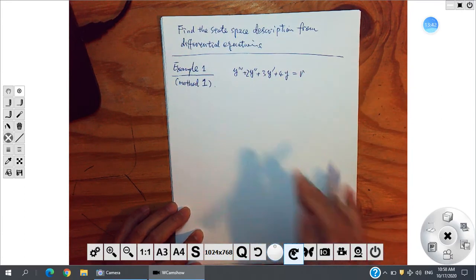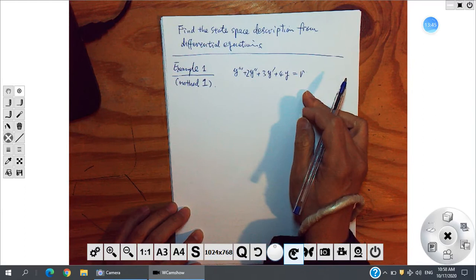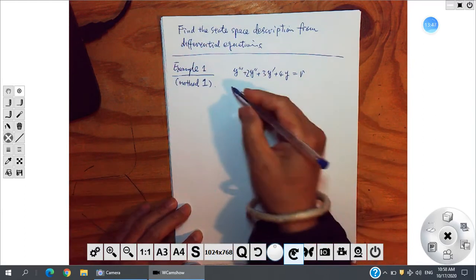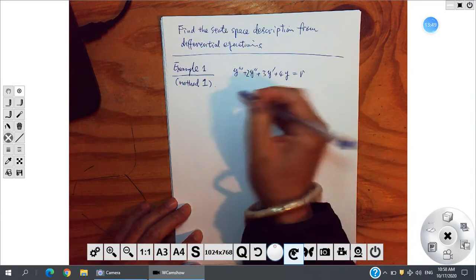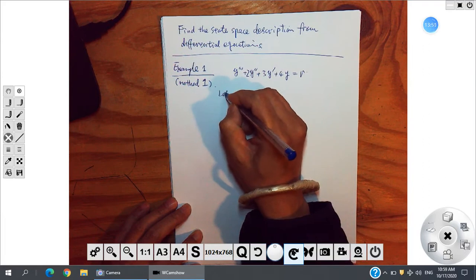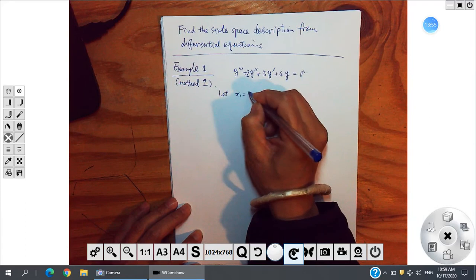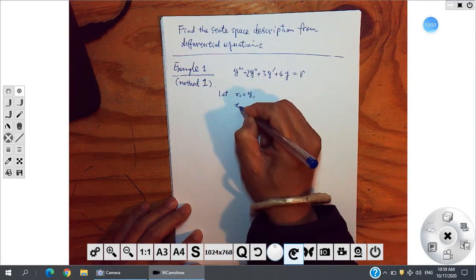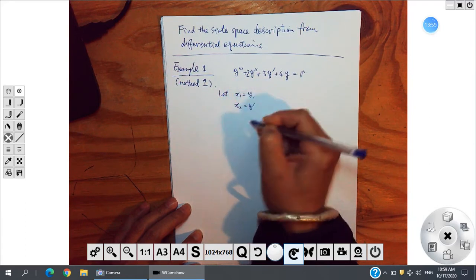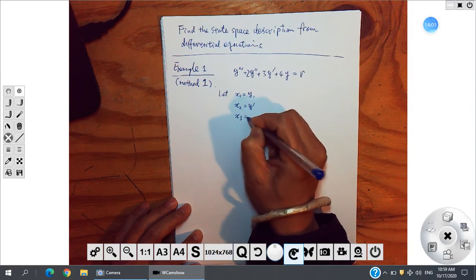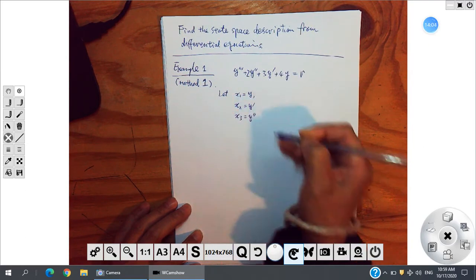We want to write this in matrix form. For this one, we can simply proceed like this. Let x1 equal y, x2 equal y derivative, x3 equal y with second order derivative. That will be enough.